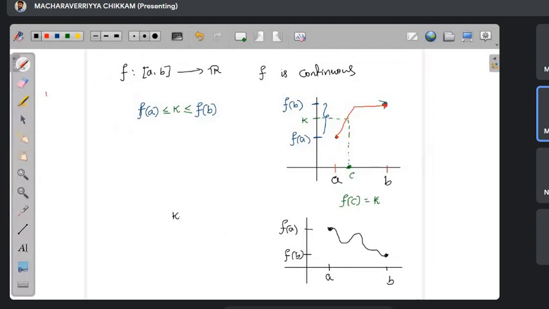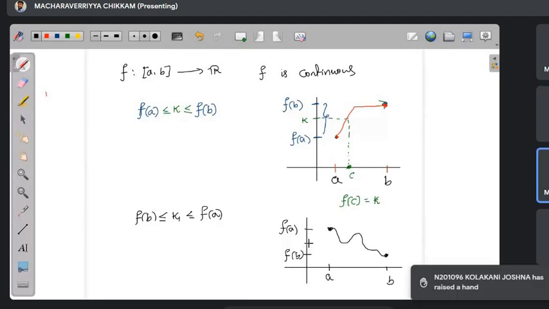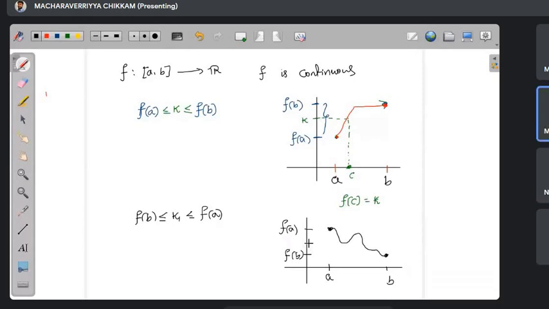In that case, you pick any k1 in between f of b and f of a. Now we can say that definitely k1 will be somewhere here. Corresponding to this k1, you can find a point from the domain, some c1 here, which is mapped to k1.